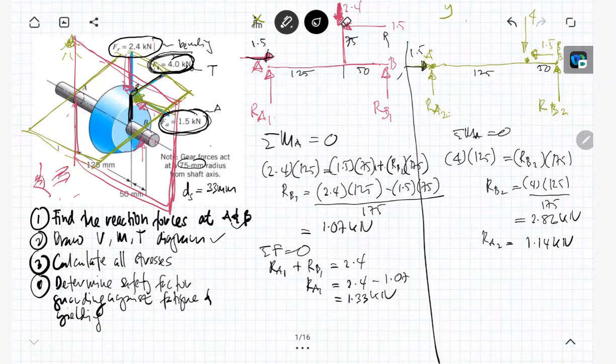Doctor, sorry, I couldn't understand how to know whether the force is alternating or not, bending.